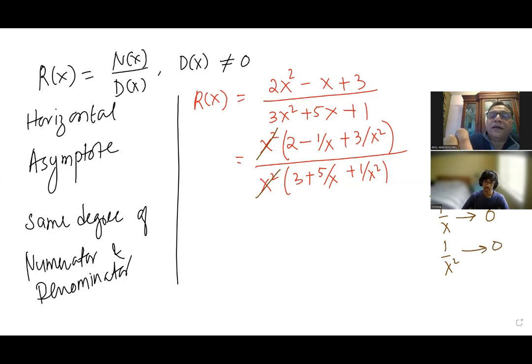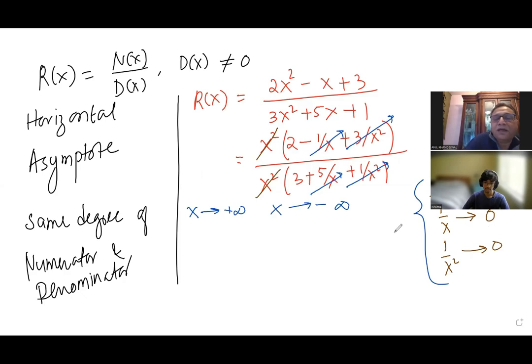So these terms in the numerator will approach 0, and the terms in the denominator will also approach 0, correct? Therefore, if we take the case when x approaches positive infinity or negative infinity, then I could write my rational function as equal to what? 2 over 3. Do you see that?